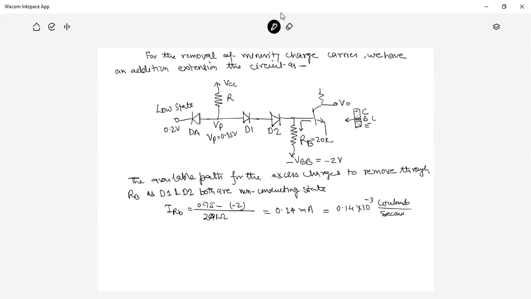So the minority charge carriers in the base are drained out through this base part. We can change this place to make it conducting. We use a more speedy device. In place of D1, there is a transistor, so that the excess charge is removed quickly.